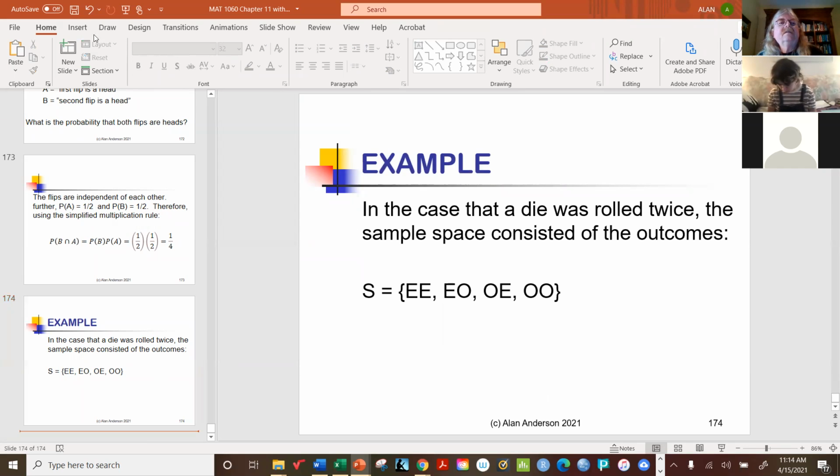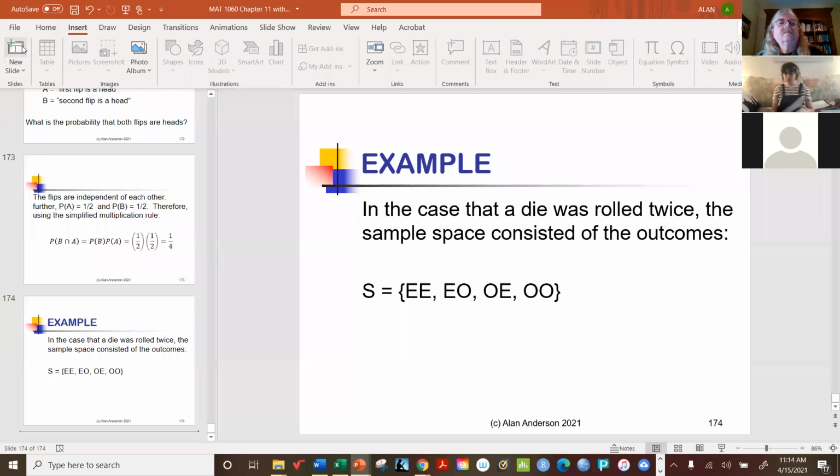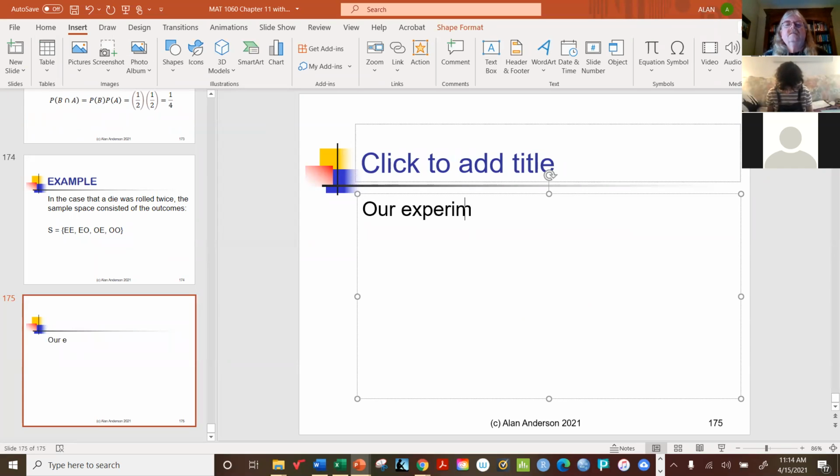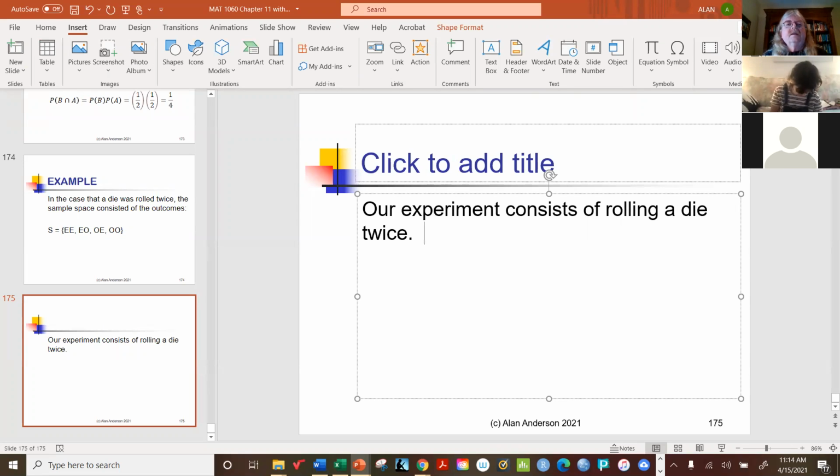So imagine our experiment consists of rolling a die twice. Suppose that the following events are defined.